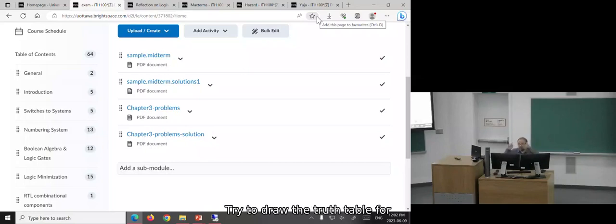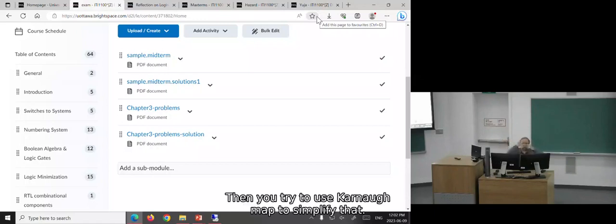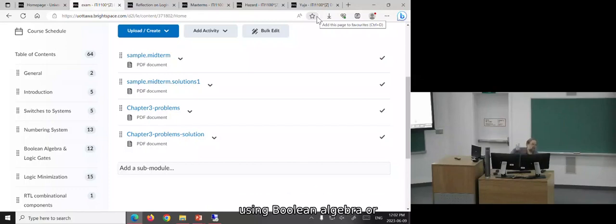Try to draw the truth table for that problem, let's say a multiplexer. For the truth table you have inputs and output, then you try to use a Karnaugh map to simplify that, or you may use the min terms and simplify using Boolean algebra, or max terms and Boolean algebra. So we had different methods to do that.